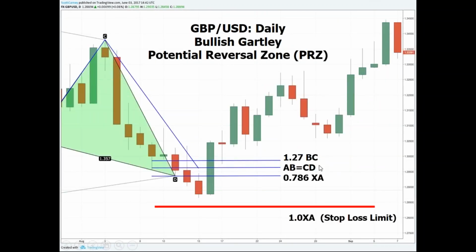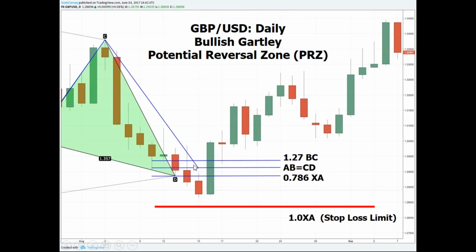Here we've got a chart of the price action in the potential reversal zone. So look at the three measurements, especially that equivalent ABCD. That completes around 129.70, but our 786 XA retracement, that's around 129.40. So these are two mandatory measurements that must be tested.